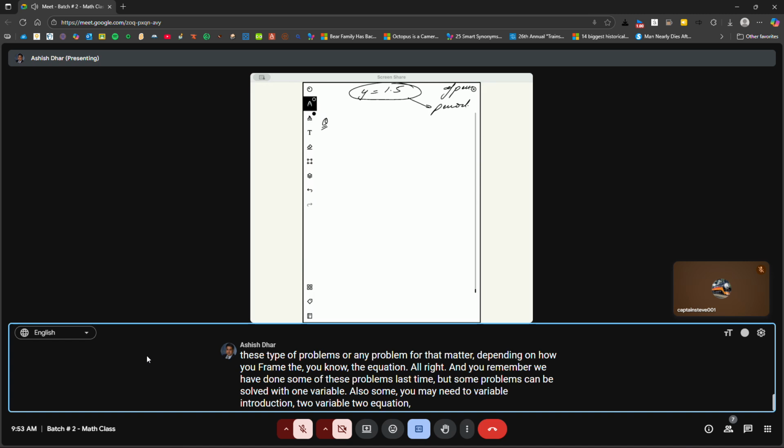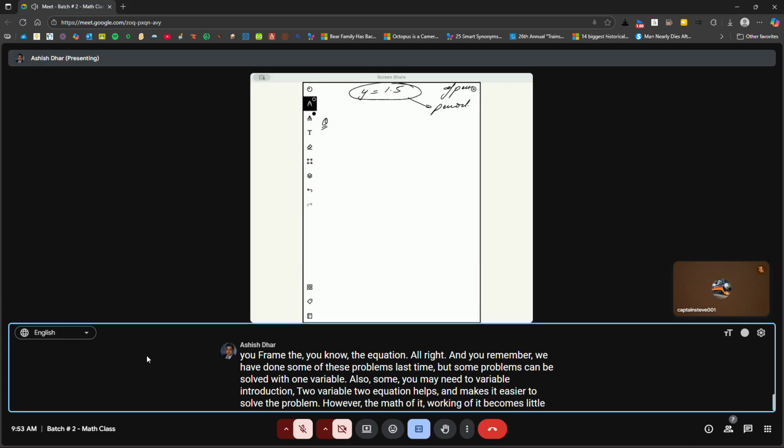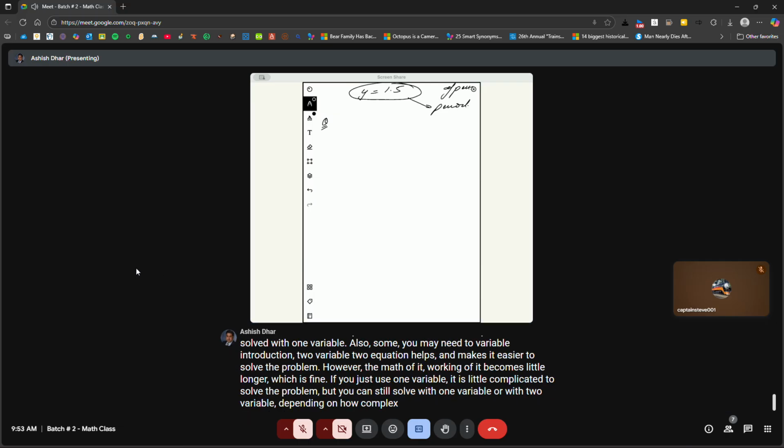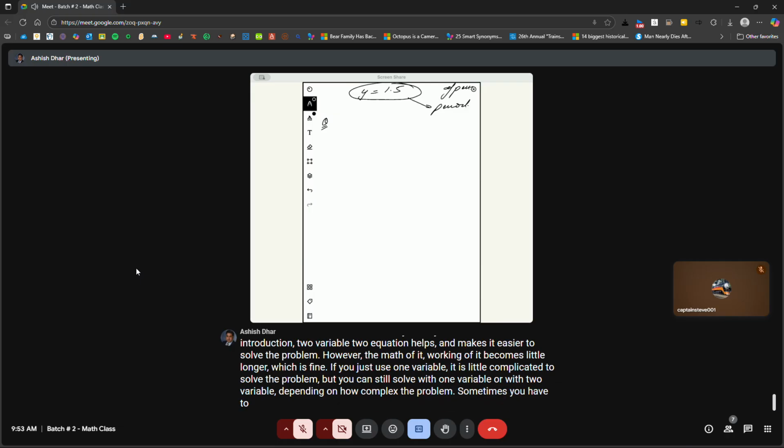Two variables, two equations helps and makes it easier to solve the problem. However, the working of it becomes a little longer, which is fine. If you just use one variable, it is a little complicated to solve the problem. But you can still solve with one variable or with two variables, depending on how complex the problem is.